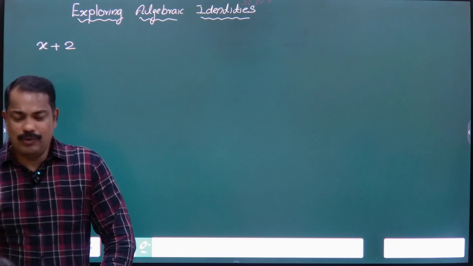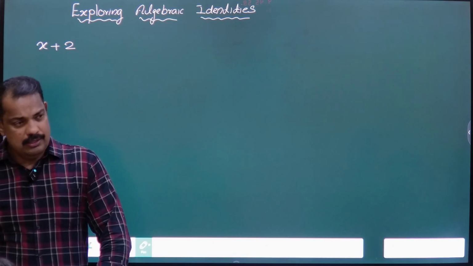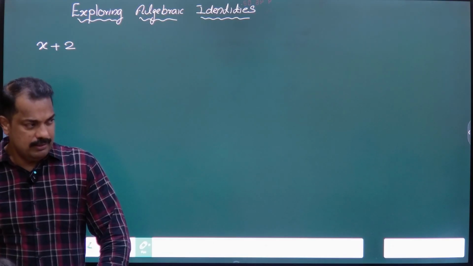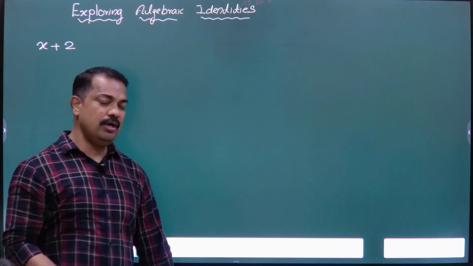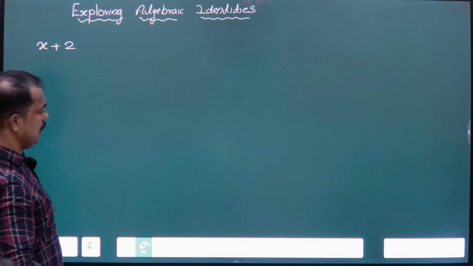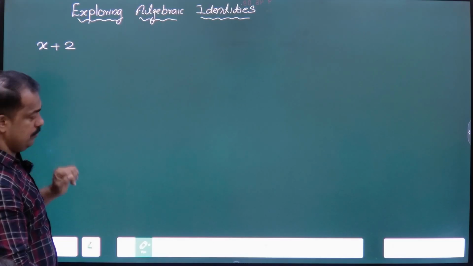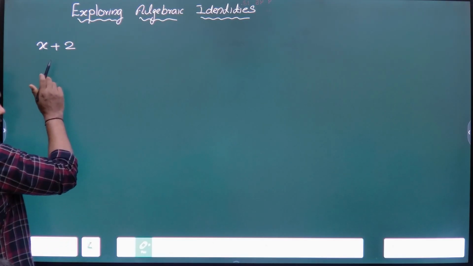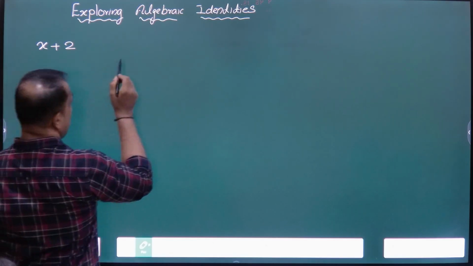What type of polynomial is it? Linear polynomial. Degree 1. So it is called a linear polynomial. Clear?